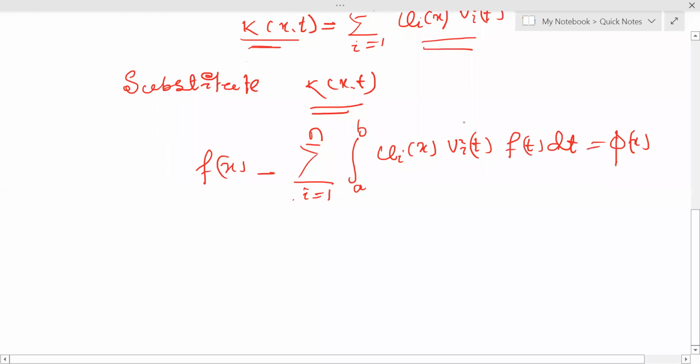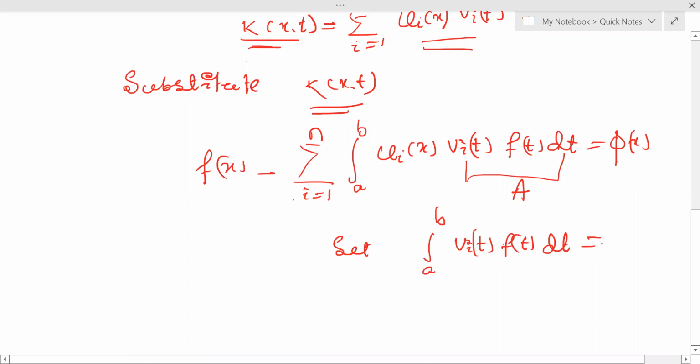Just set the integral from a to b of v_i(t) f(t) dt, that is what you have to set here, equal to a_i.